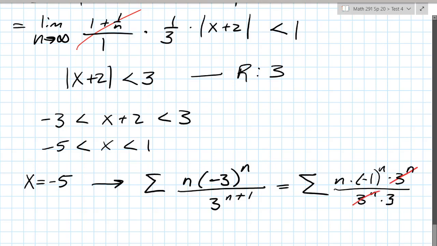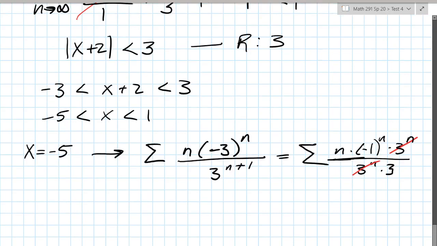And what's going on here? We've got the sum of n over 3, and it's alternating, but as n gets large, you need this term to go to 0.